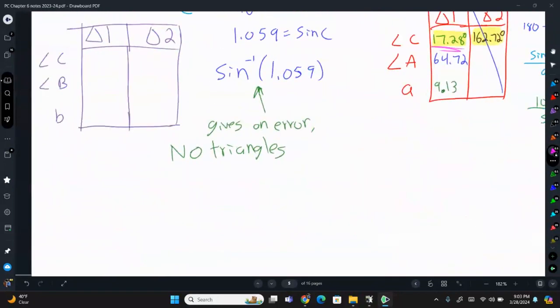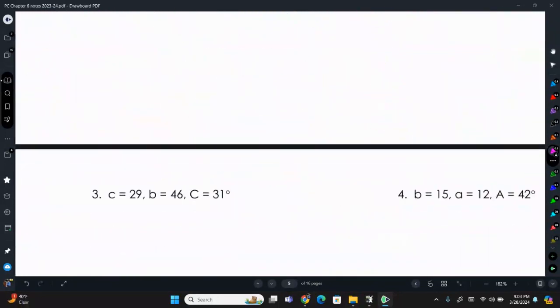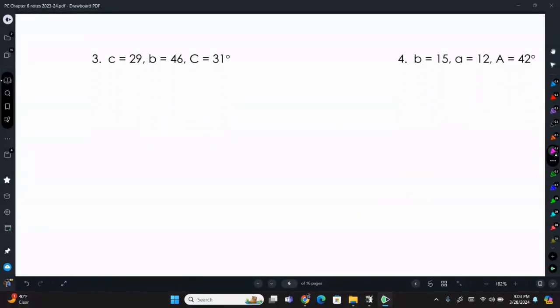All right, let's look at the last two on the next page. We have A, B, C. Side C is 29. Side B is 46. And this is 31 degrees.